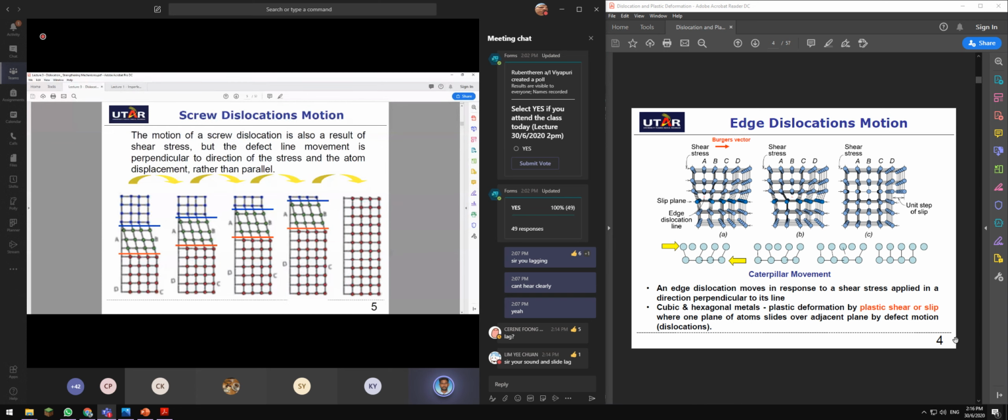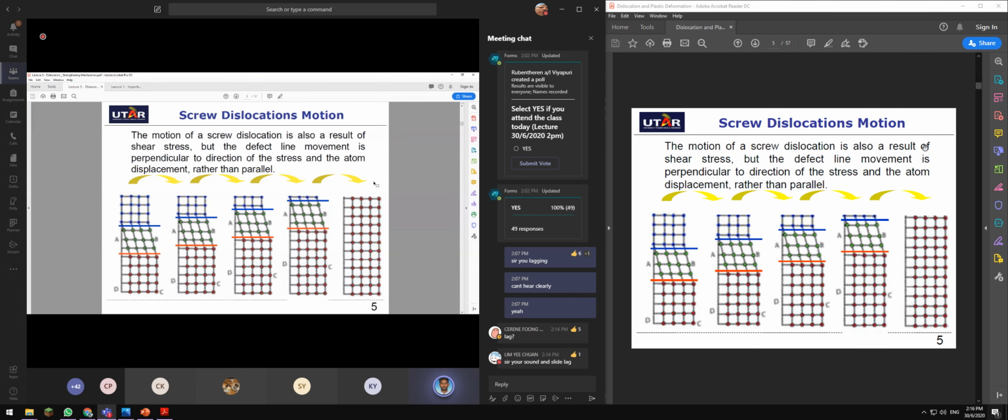For screw dislocation, the motion is also a result of shear stress, but the defect line movement is perpendicular to the direction of stress and the atom displacement, rather than parallel. Please take note of this. Make sure you are clear on this.